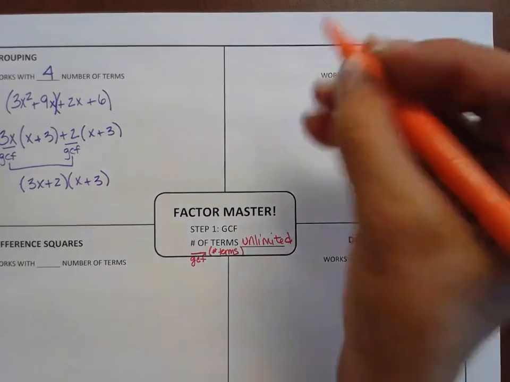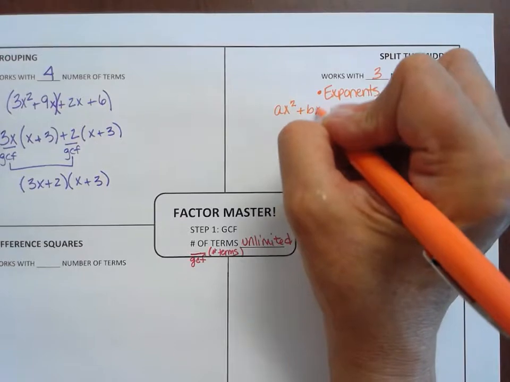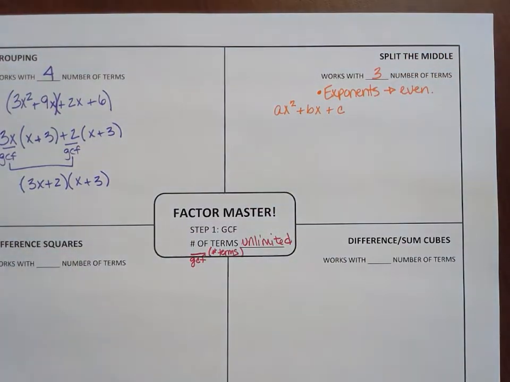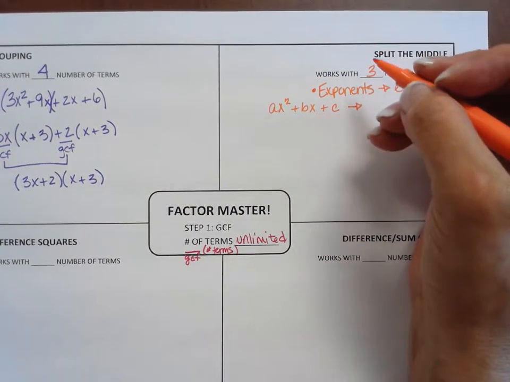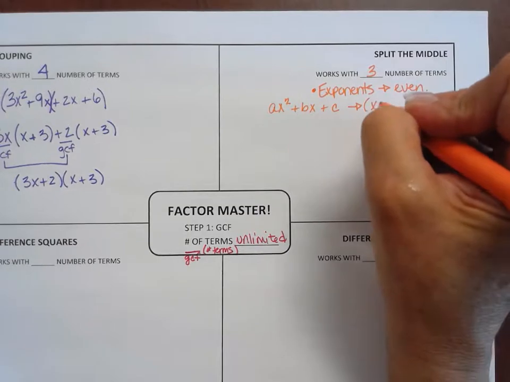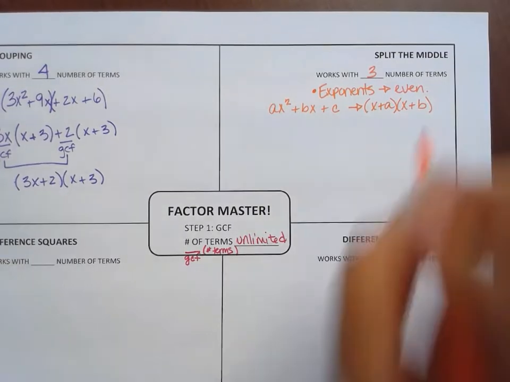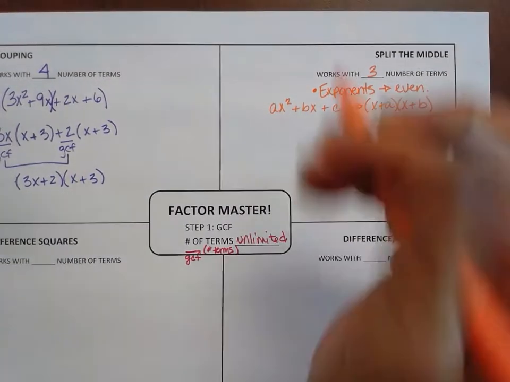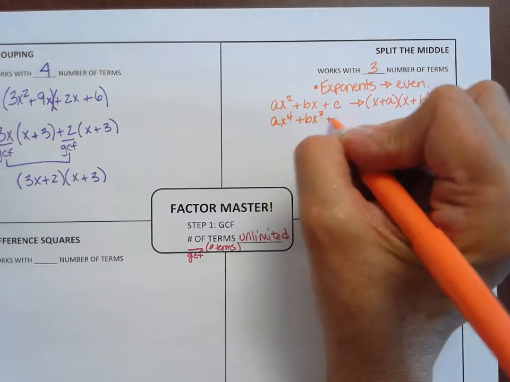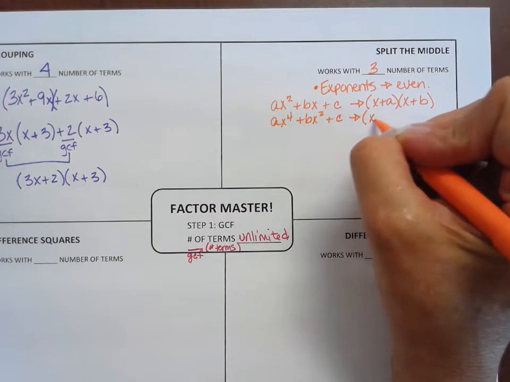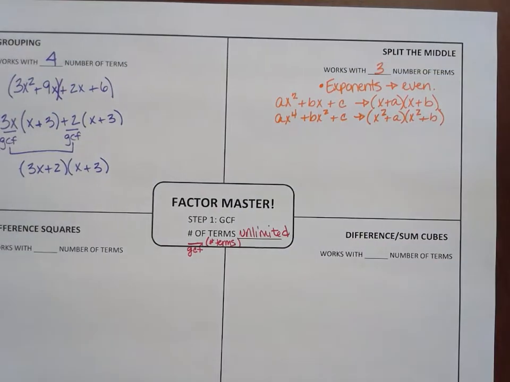So for instance, if you have ax squared plus bx plus c, it's always going to break down to your x plus a, x plus b. You're always going to have just the 2 binomials. And if you had, let's say, x to the 4th plus bx squared plus c, then it just breaks down into your x squared. Do you agree with that one?